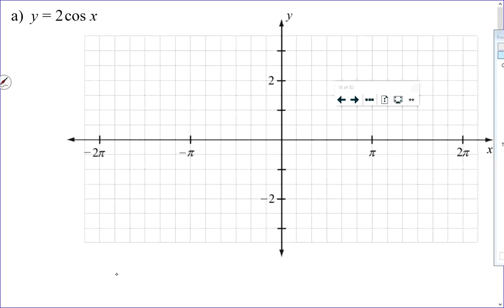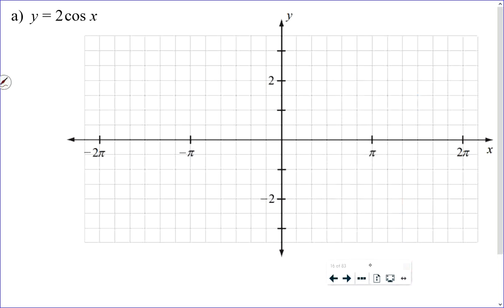I have a feeling at the bottom of each of these you have domain, range, amplitude, and period, and I don't have that here for some reason, but that's okay. So we know what cosine of x looks like. Cosine of x, and just hold off on drawing anything just yet. Cosine of x starts at 1, and from there it's going to go down to the x-axis, down to -1, up to the x-axis, up to +1.